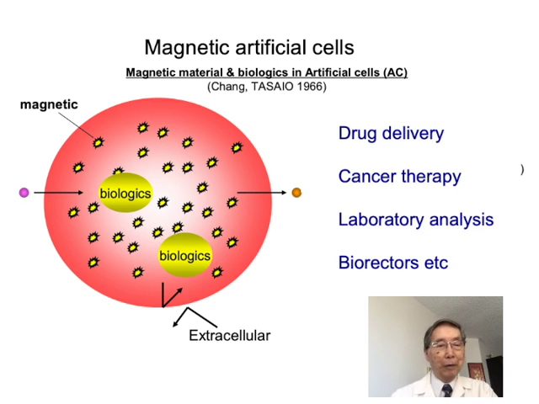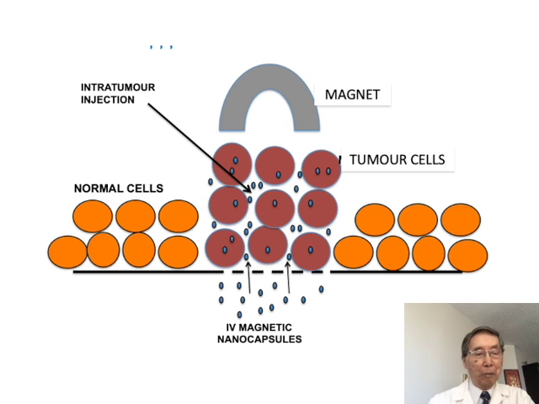Let's look at cancer therapy. One way is to make magnetic nanoparticles containing therapeutic agent or radioisotope, and then put a magnet on the tumor site, and it would attract the nanoparticles to the tumor site, resulting in localized therapy.